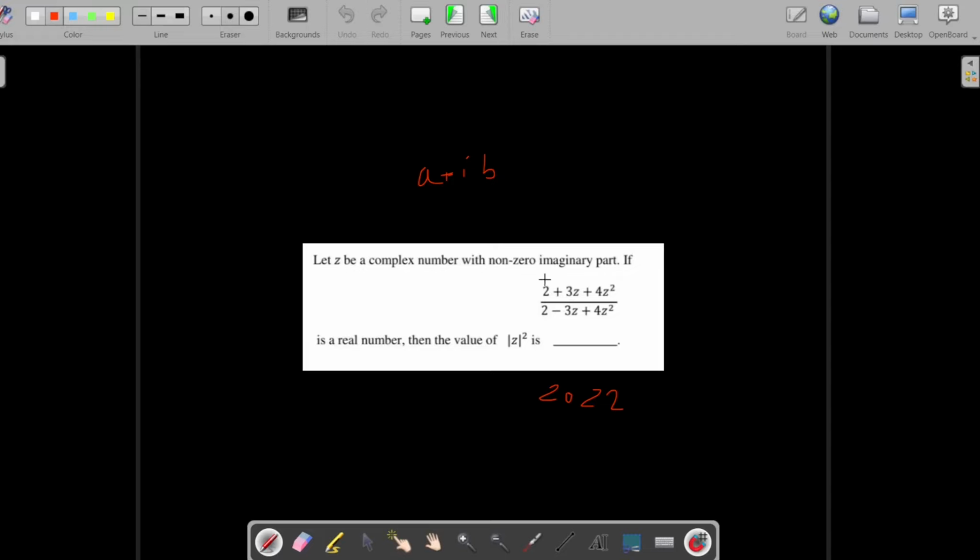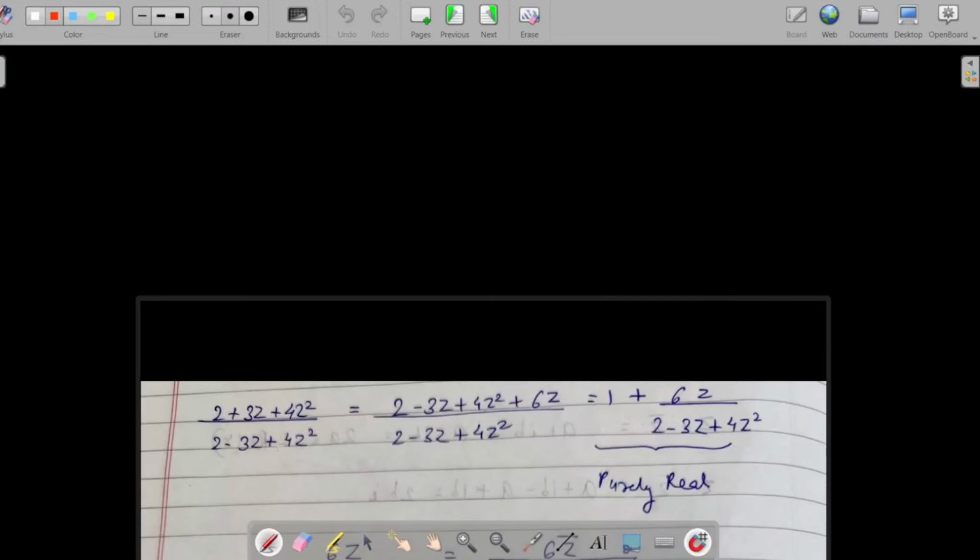Basically, first of all, you can see that there is a symmetry in the denominator and the numerator. So, we first have to reduce this into terms which are fairly easy to calculate. So, we take it here: 2 plus 3z plus 4z square upon this. Now, this term you can write in terms of the denominator, so the denominator cancels out easily.